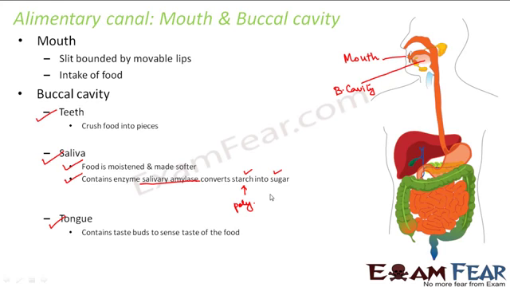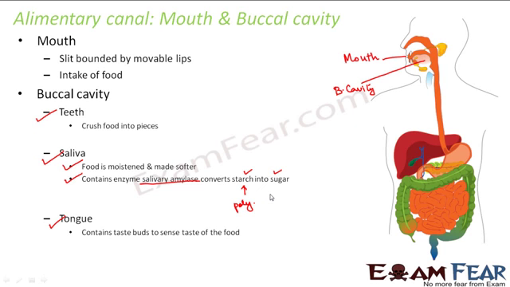Now the third thing present inside the buccal cavity is the tongue. What do you think the tongue does? The tongue contains the taste buds to sense the taste of the food. When we eat something, we understand that this is very sweet or this is very salty. We are able to make out that taste because of this sensory organ called the tongue.